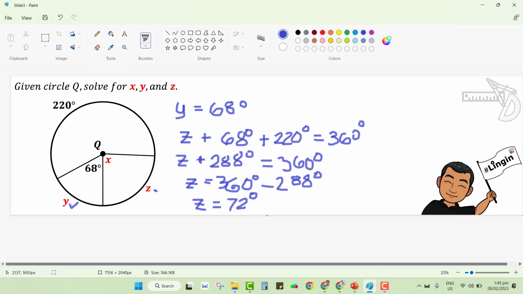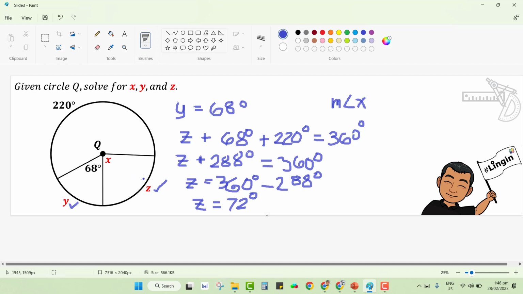Now that we have the measurement of arc z, we can go back to the measurement of angle x as the central angle that intercepts arc z. And we all know again that a central angle measures exactly the same as its intercepted arc.